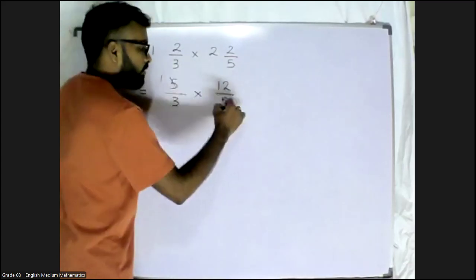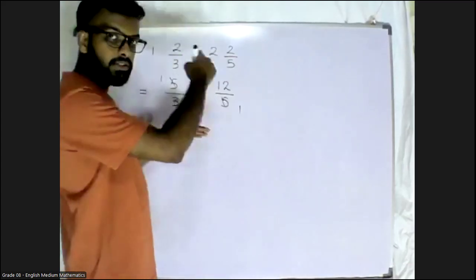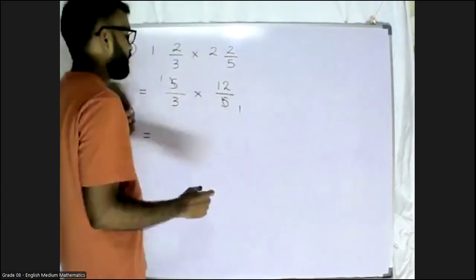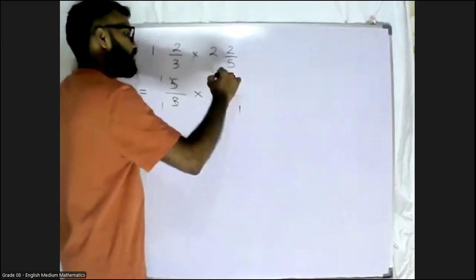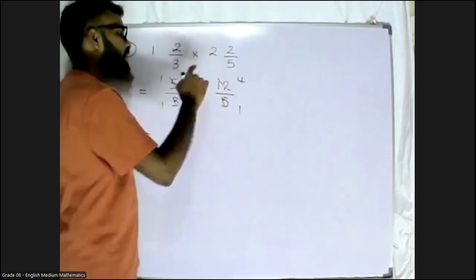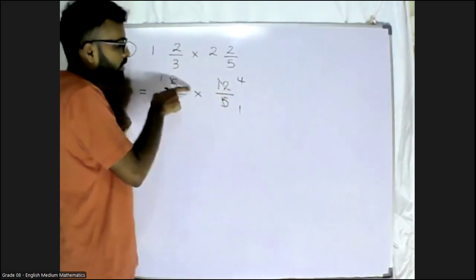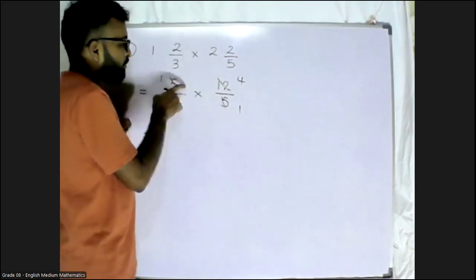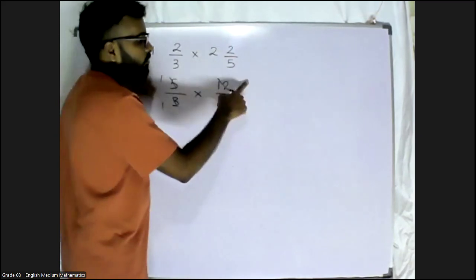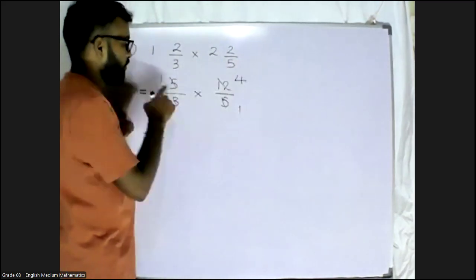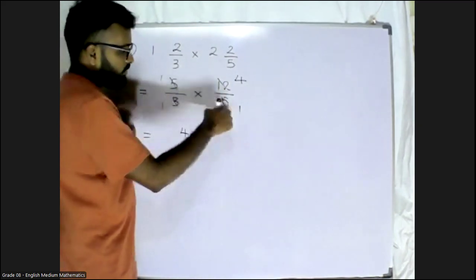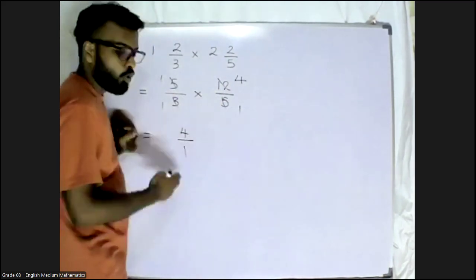5 times 1, 5 times 1, right? We did this thing last week. At the beginning of today's class also we did 3 times 1, 3 times 4, right? Now what can you tell about the numerator? You have 1 multiplied by 4, 4, right? 1 times 1, it is 1, so no need to write.